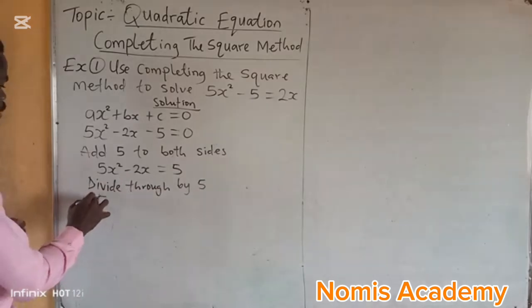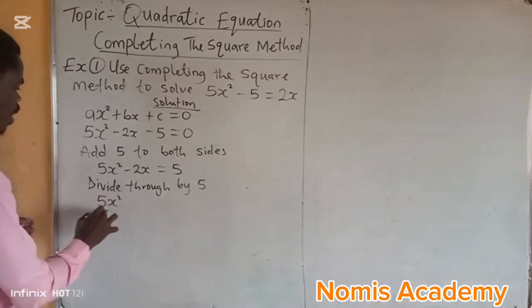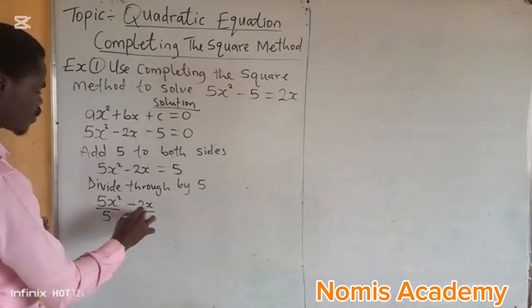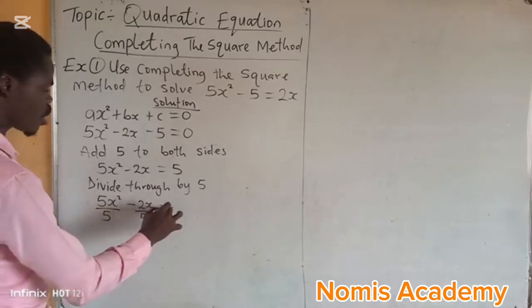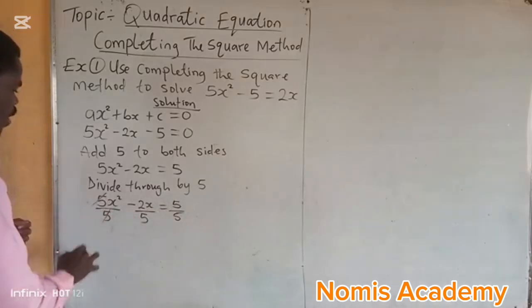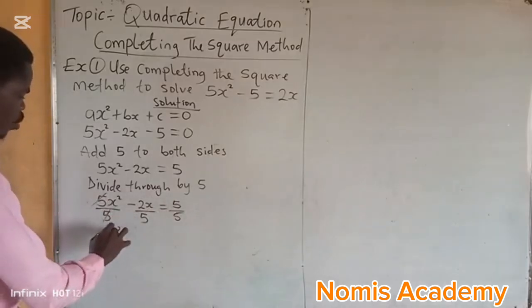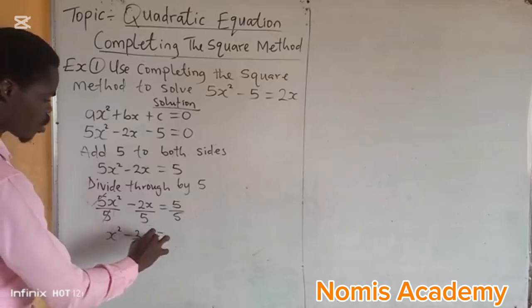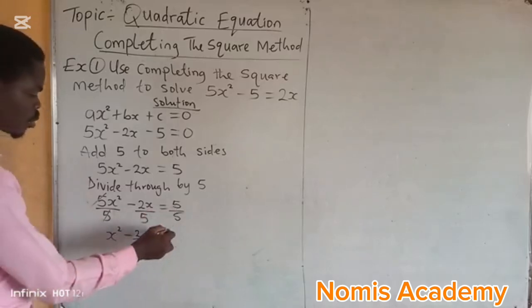And that will be 5x squared divided by 5 minus 2x divided by 5 equal to 5 divided by 5. So 5 cancel 5, we have x squared minus 2 over 5x equal to 5 divided by 5 is 1.